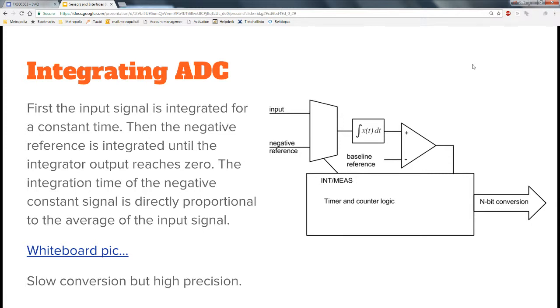So typically with integrating A to Ds, it's hard to find a good integrating A to D with less than 16 bits accuracy. So they start at 16 bits, which is the absolute maximum for the flash A to D conversion. And then they go up to, I think the highest that I have seen is 40 bits. So at the 1 millivolt level, 40 bits is a lot.